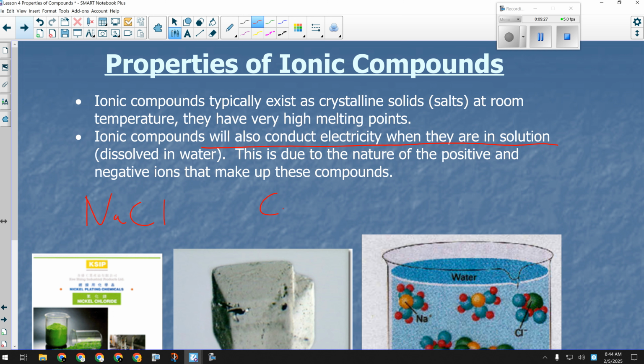Sugar, I gotta get the numbers right here. Something like that. Is that ionic? That's molecular, right? Starts with a non-metal. Will that conduct electricity in solution? It will not. Good way to tell them apart since you're not allowed to taste anything.